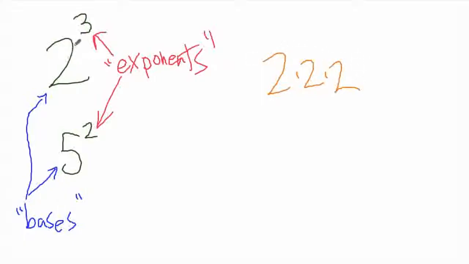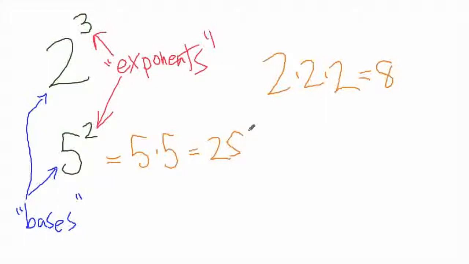So 2 to the 3, 2 with an exponent of 3, means you multiply 2 times 2 times 2, and that gives 8. Think of exponents as repetitive multiplication, just like multiplication is repetitive addition. And for the 5 squared, that's 5 times itself. You have 2 of them, and so that gives 25.